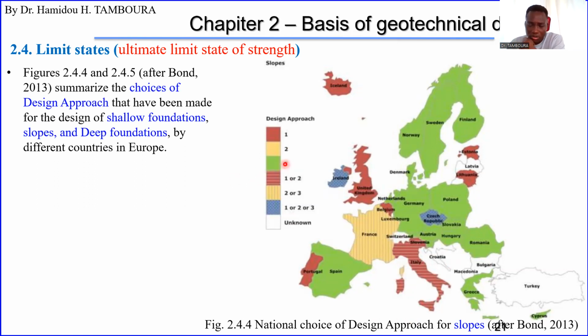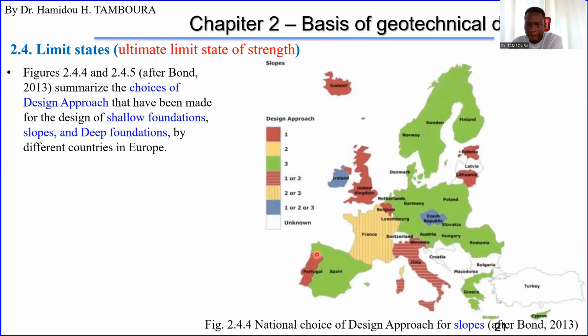Design approach 3, the green one: Norway, Sweden, Finland, Denmark, Germany, Poland, Netherlands, Spain. Design approach 1 and 2 are used, for example, in Italy.